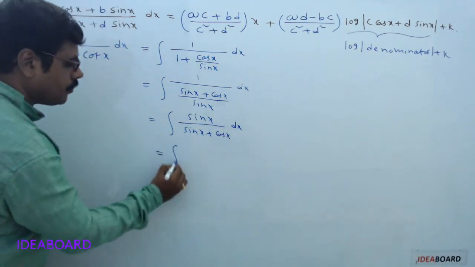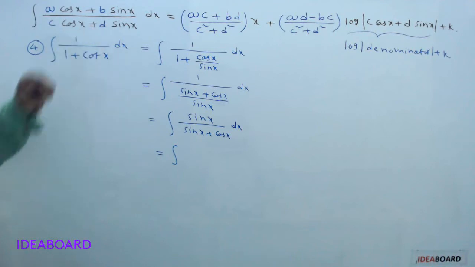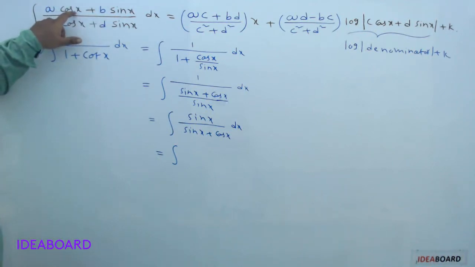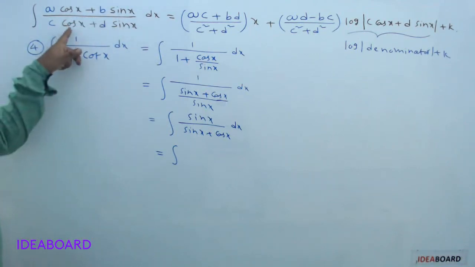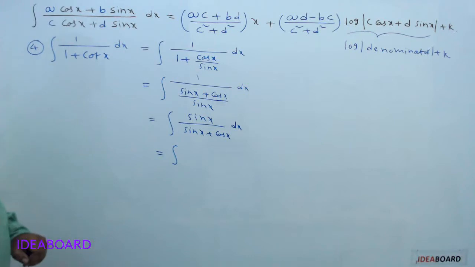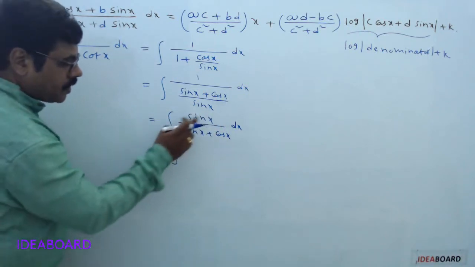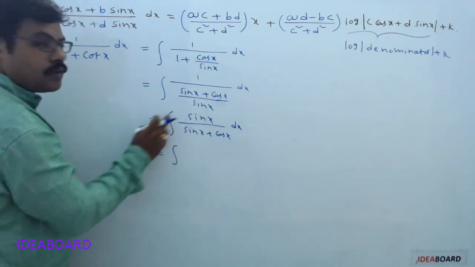Now in our standard form, in the numerator first cos function will be there, then sin function will be there. In the denominator also first cos function, then sin function. So here cos function is not there in our numerator.